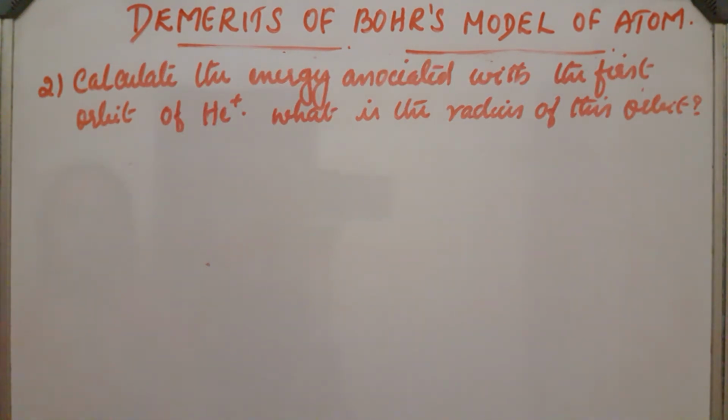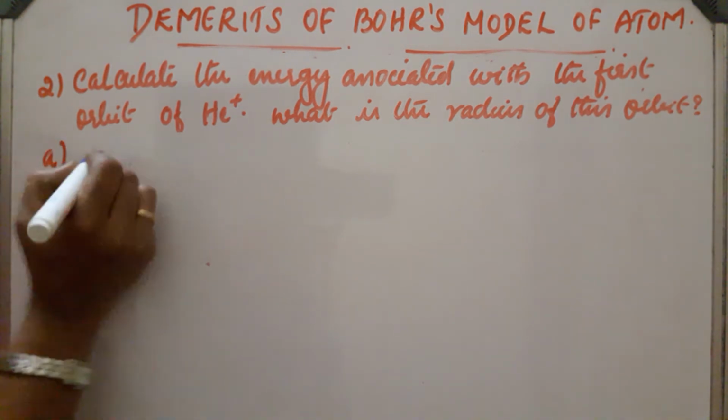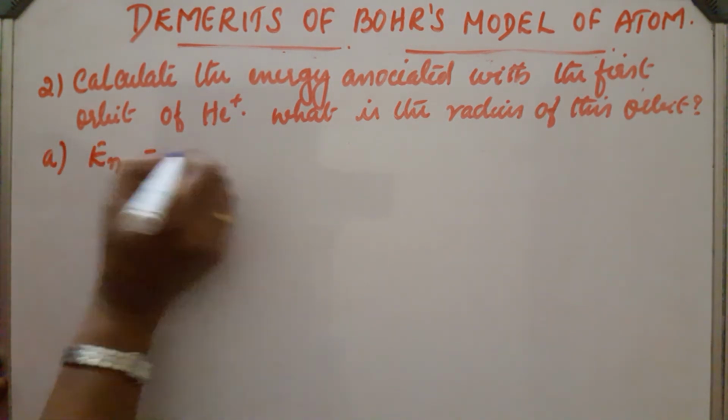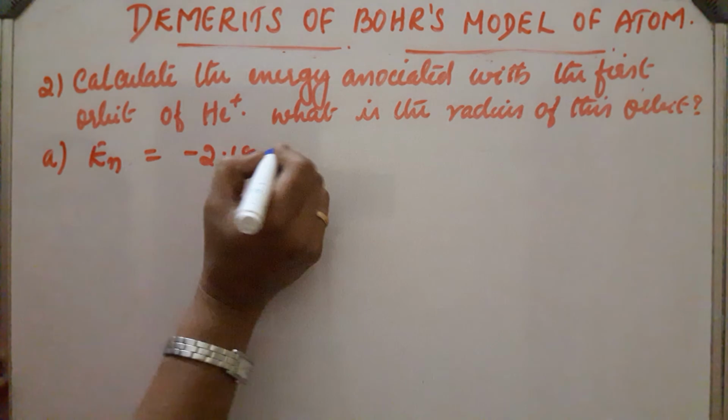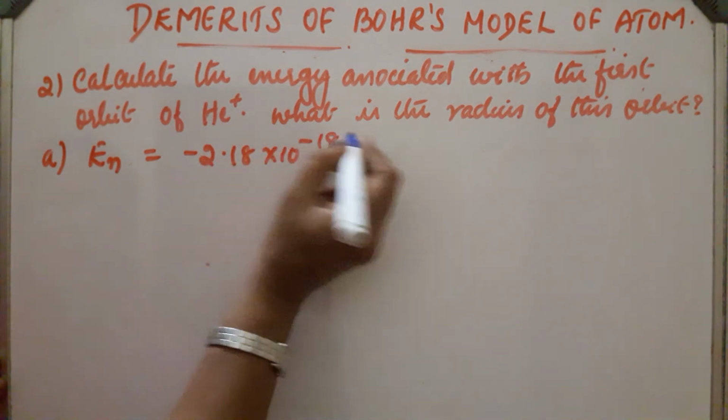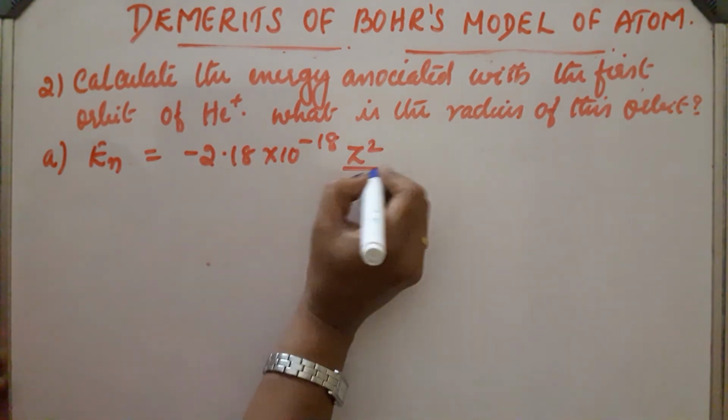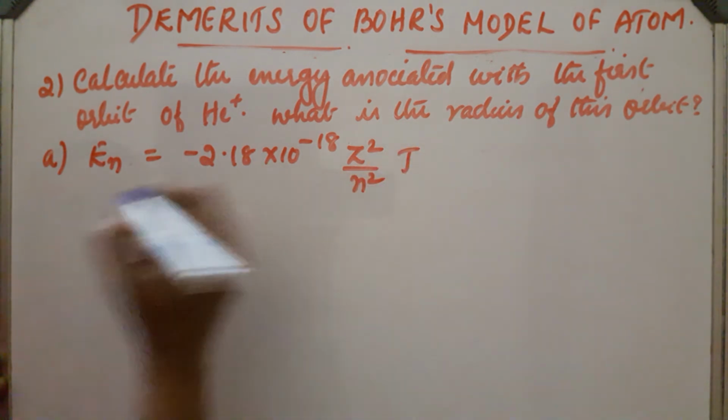Second question. Calculate the energy associated with the first orbit of helium plus, and what is the radius of this orbit. En is equal to minus 2.18 into 10 raised to minus 18 into Z square by n square joule per atom.